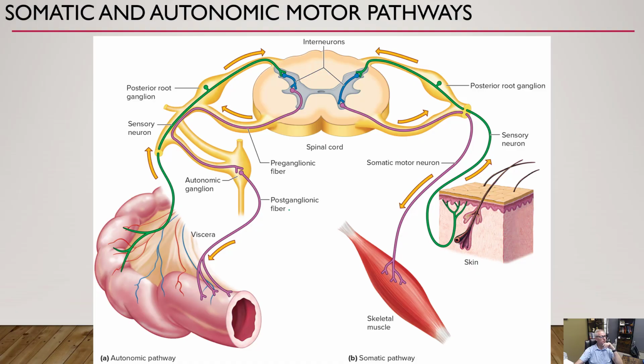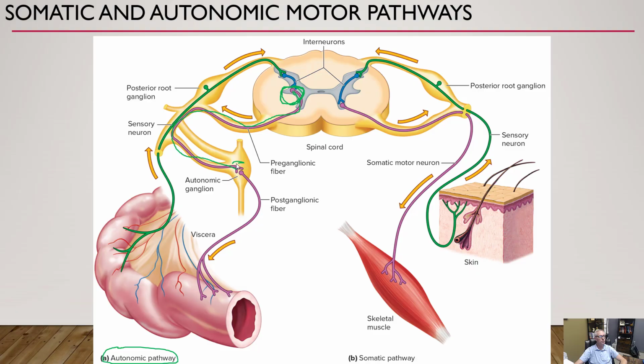So here, remember that if we look at the autonomic pathway, our visceral pathway, we can see that on the motor side, because remember we're dealing with the motor component, that motor side is going to leave that anterior root, and that preganglionic fiber originates in that central nervous system. Remember that central nervous system inside that horn of the gray matter of the spinal cord.